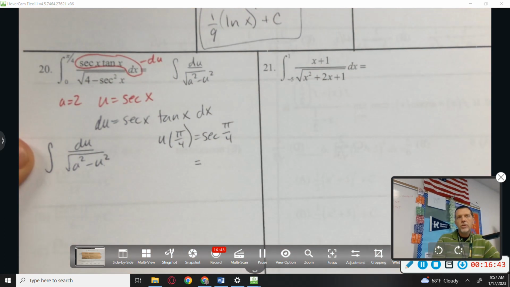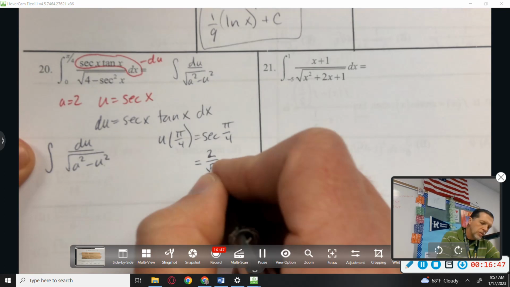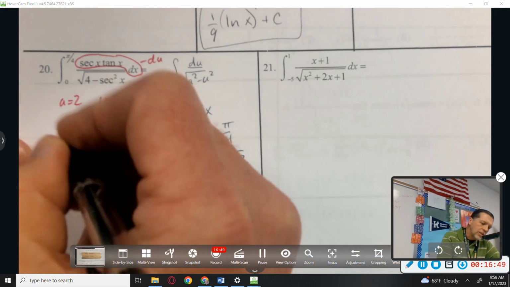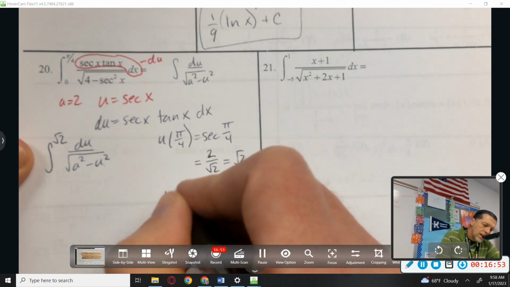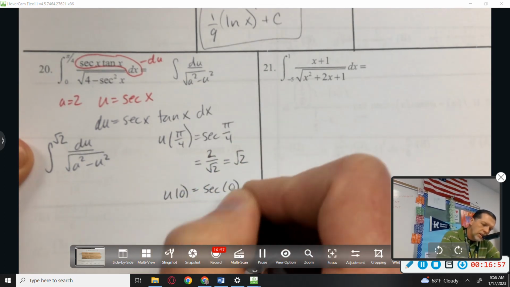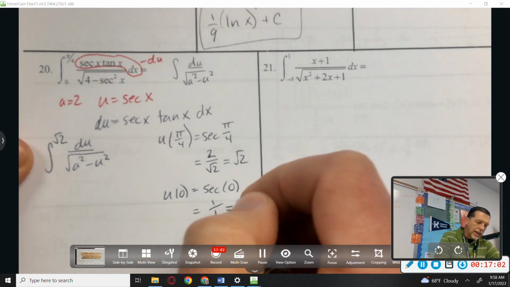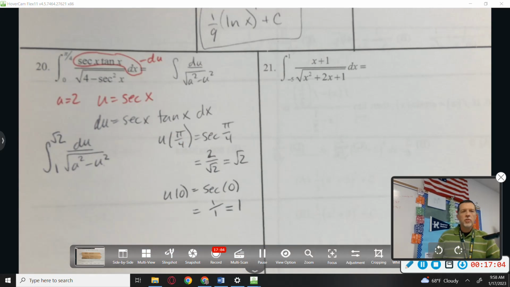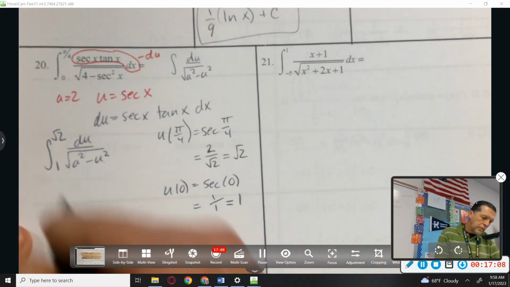Let's see. Cosine of pi over 4 is root 2 over 2. So if I flip that, I end up with the square root of 2. Plug in 0, secant of 0. Cosine of 0 is 1. So if I flip 1, I get 1. So my limits aren't terrible if you know your unit circle.